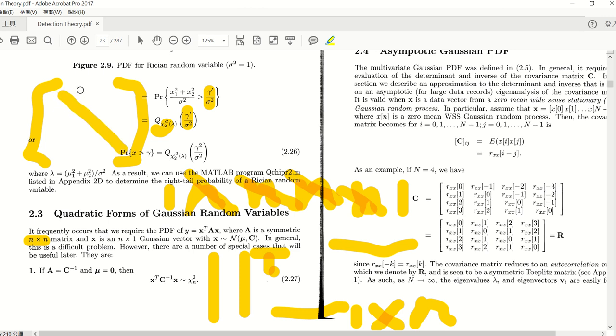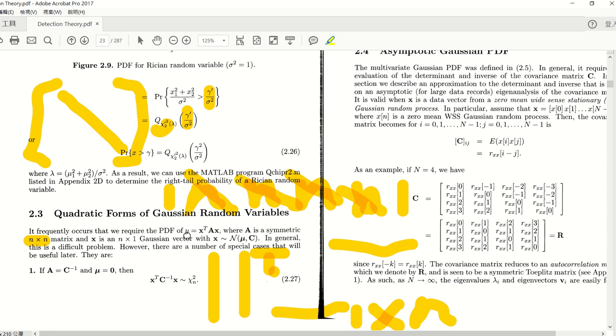For off diagonal, it will be covariance of the first and the second. That's called cross covariance, because it's COV of x1 and x2, COV of x1 and x3, and so on and so forth. So this is cross covariance.